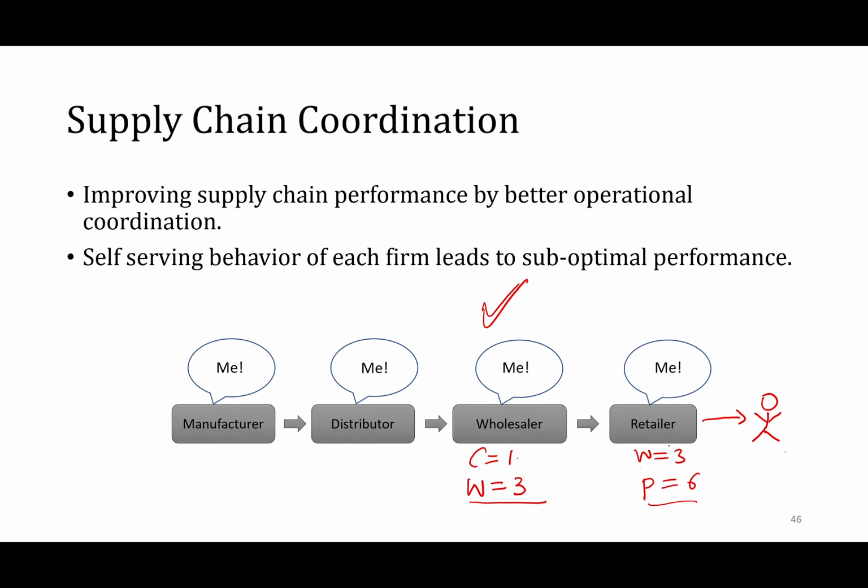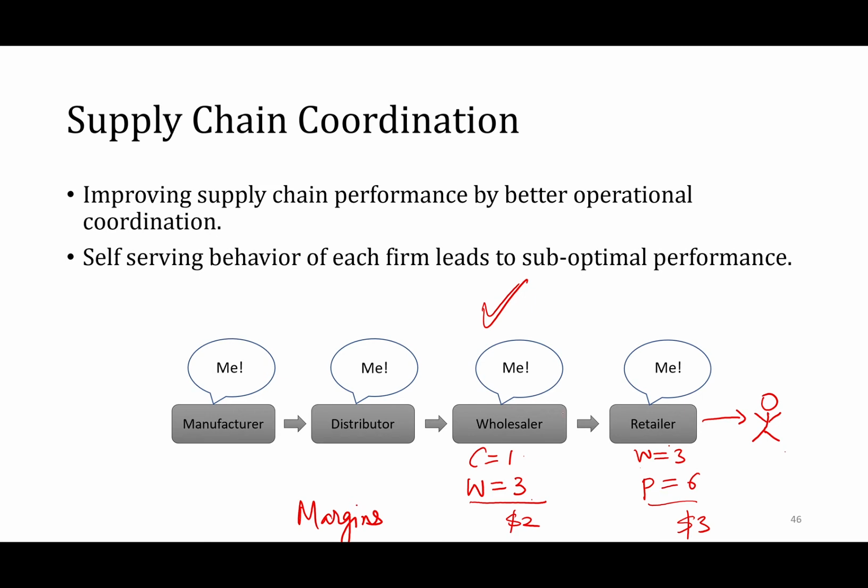You make $2 on every item that you sell. And as a retailer, you make $3 on every beer that you sell, right? So these are your margins. The margin for the wholesaler is $2, and the margin for the retailer is $3.